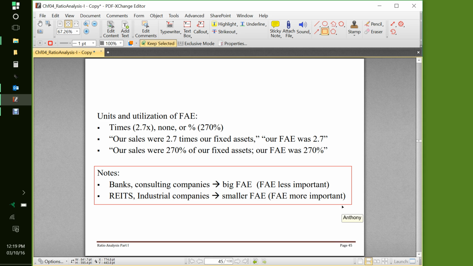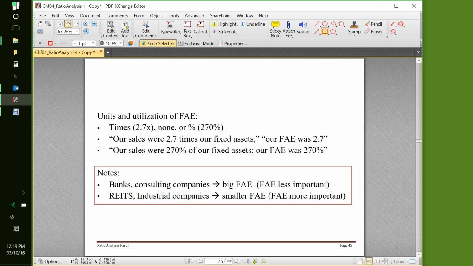Okay. So clearly for HCP, something like a REIT, and other industrial companies that are building things, the fixed asset ratio is going to be very important, but they're going to have a relatively small ratio because they have that big denominator. They have the net PPE, which they're going to have a lot of in the denominator. For something like JP Morgan Chase, West End Advisors, things like that, the fixed asset ratio is really not very important.